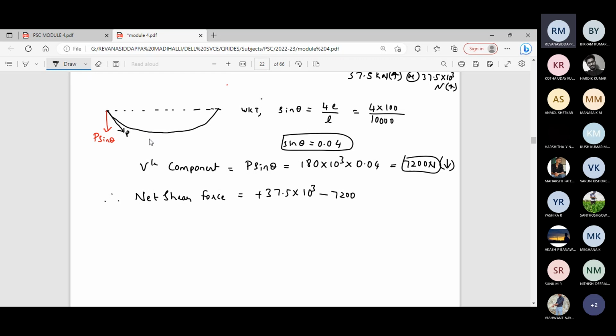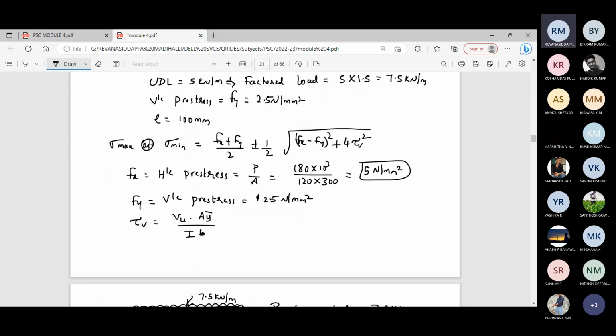So the net shear force VU, if you calculate, you will get the answer as 30,300 Newton. Please check the answer. So we got the value of VU.